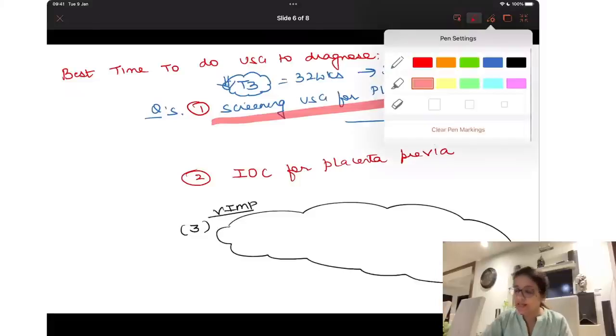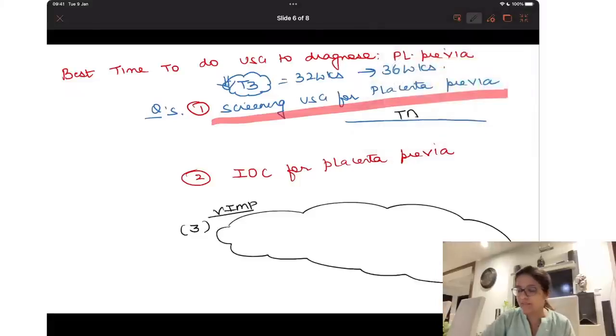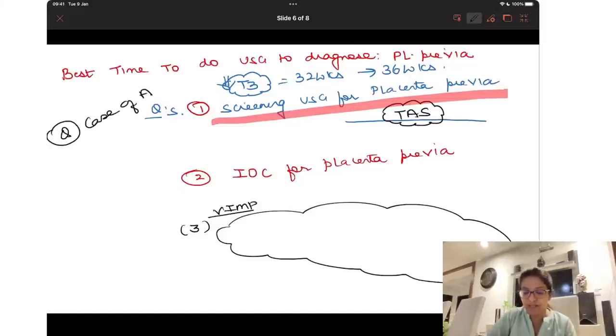So screening ultrasound for placenta previa is transabdominal ultrasound. So कभी भी अगर आपका क्वेश्चन आएगा that there is a case of antepartum hemorrhage, right?